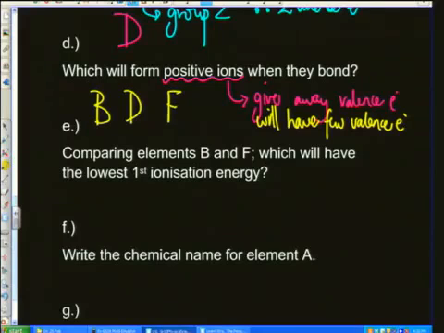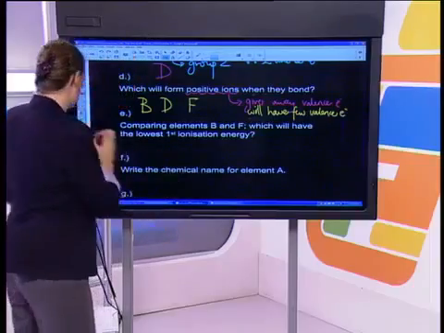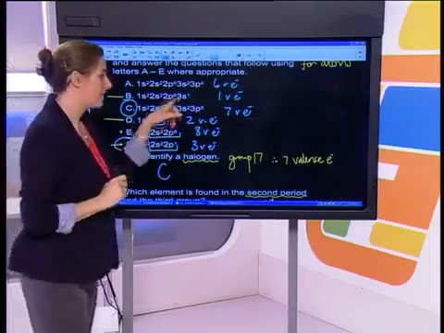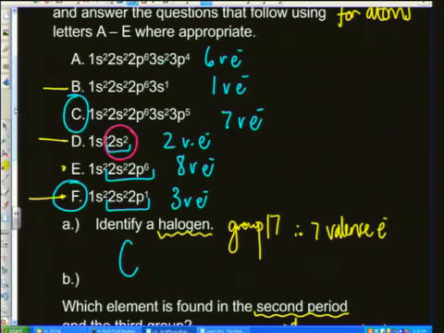All will give away. For B it was 1, it would give away that one valence electron. For D, it only had 2, so very willing to give those away. Although, hold on, possibly not, because if I look at it, D is actually helium. And I'm going to jump, no, it's not.